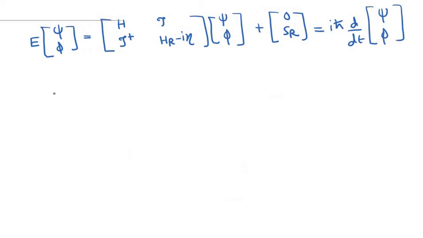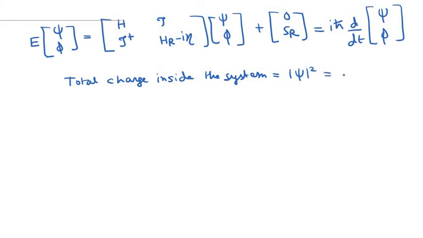So the total charge inside the system, not inside the contact, since the system is just what is coupled to the contact, is equal to mod of psi square, and this can also be written as psi dagger psi.